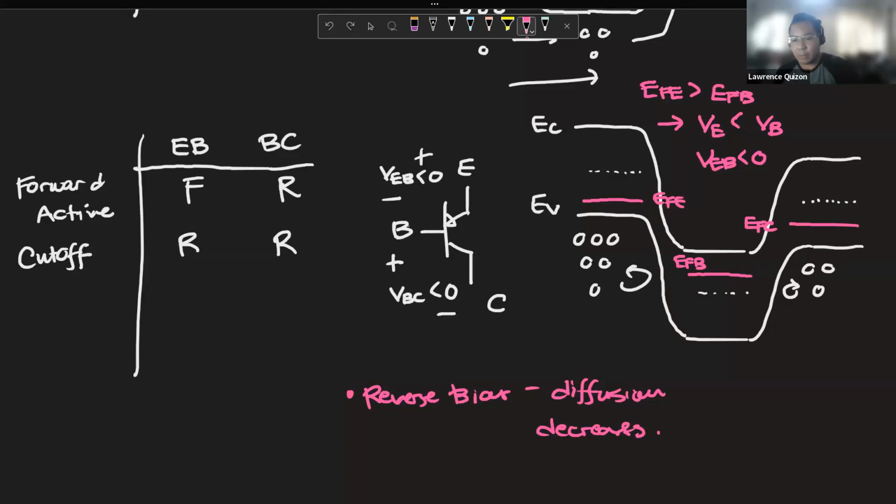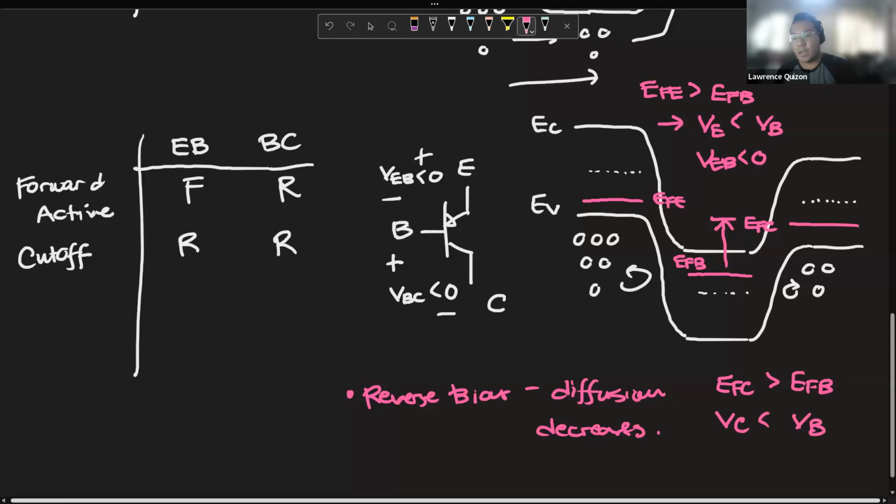Much the same way, the distance between the EFB and the EFC. The fact that EFC is higher than the EFB tells us that the voltage at C is less than voltage at B, right?